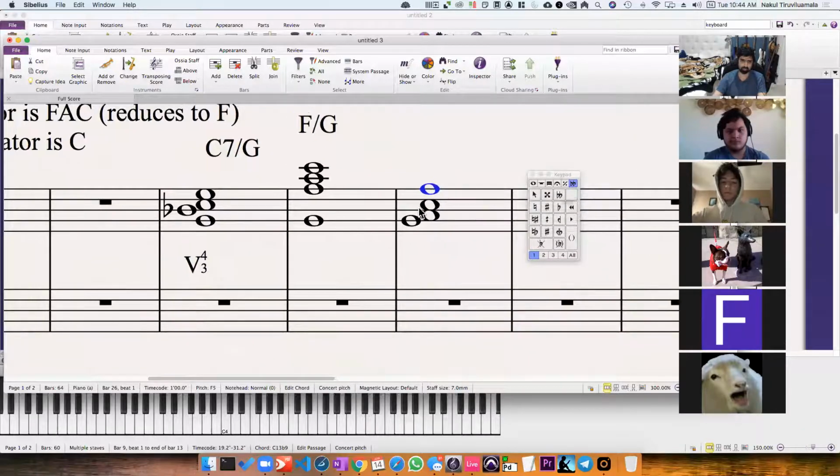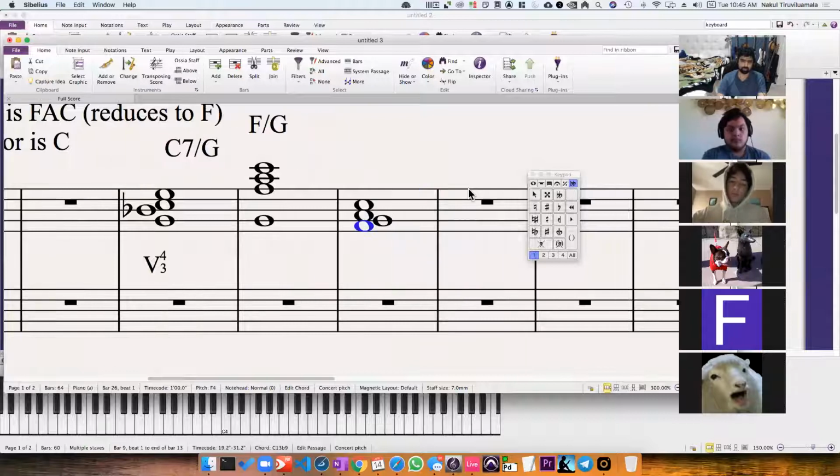If you keep bringing the notes down an octave, you see a situation where you have an F major chord and you have a G. You basically have an F sus2, right? That's another way of writing this particular chord. You could say that this is like an F sus2 over, I guess, another way you could write this chord, really.